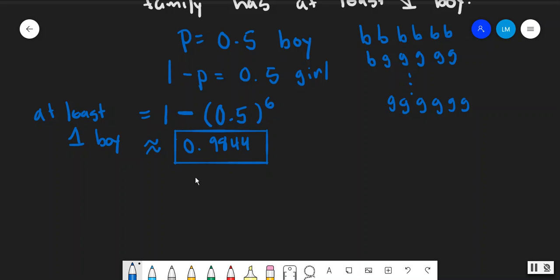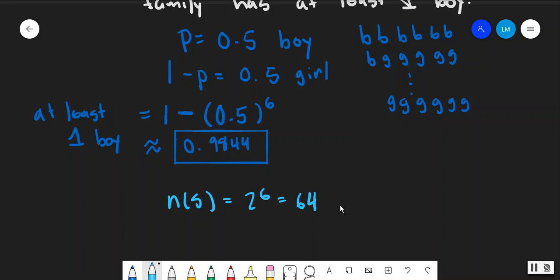Now, interestingly enough, there is another way to figure this out. You could consider the total sample space. The total sample space is 2 to the sixth power, so the number of possibilities that the family could have is 64.